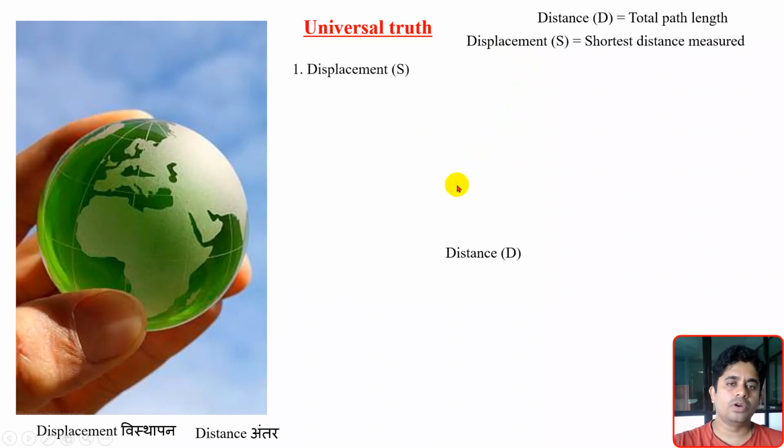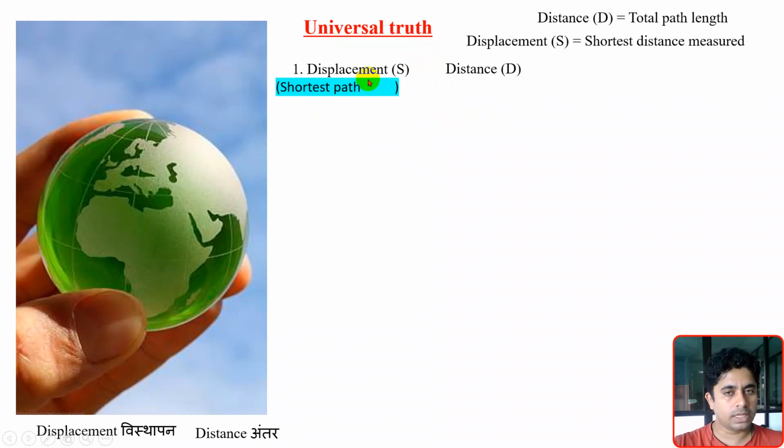Now suppose I want to compare displacement and distance. Suppose between these two, I want to put a sign like less than, equal to, greater than, or less than or equal to, greater than or equal to. So what sign should I put here? For that, we know the basic understanding.